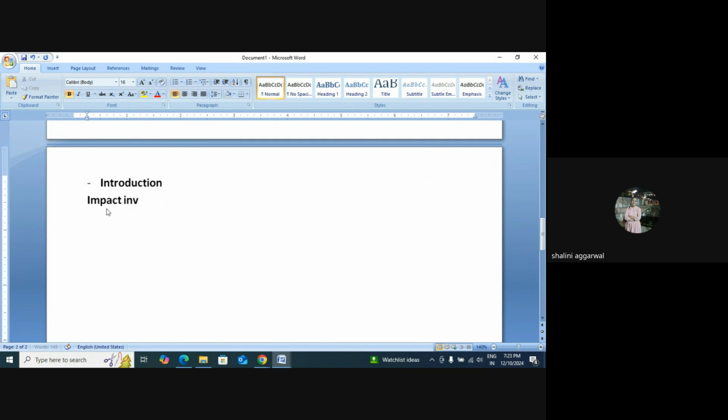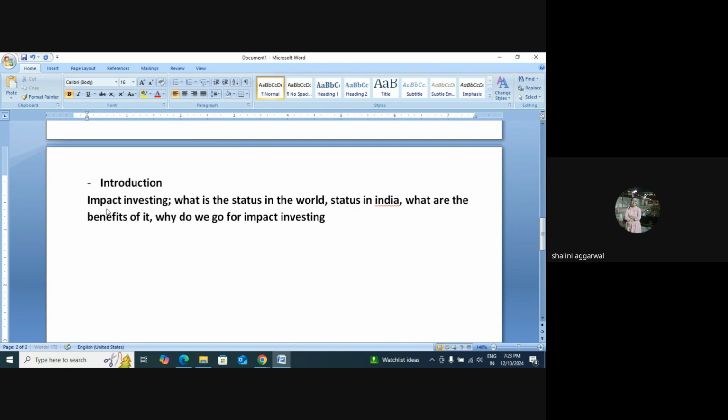About impact investing, you will be writing what exactly it is, what the status is in the world of impact investing, the status in our own country, let's say India, and what the benefits of it are, and why we go for impact investing. This is what will come in your introduction part.